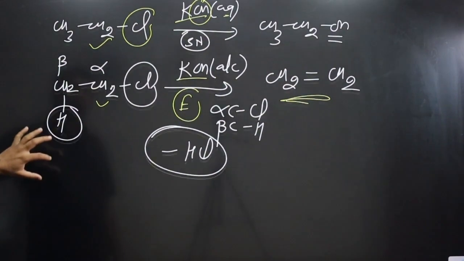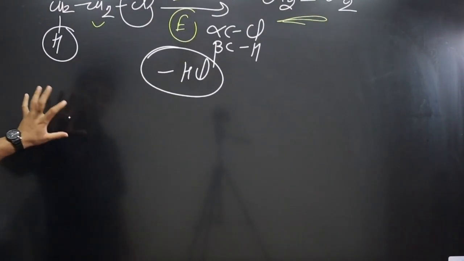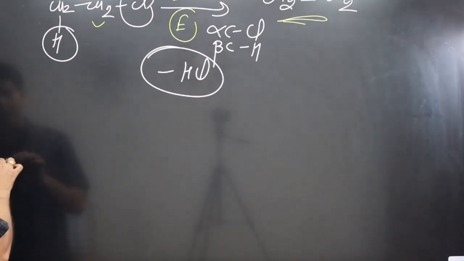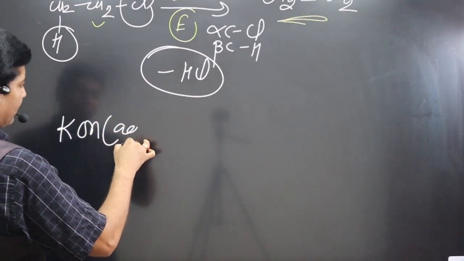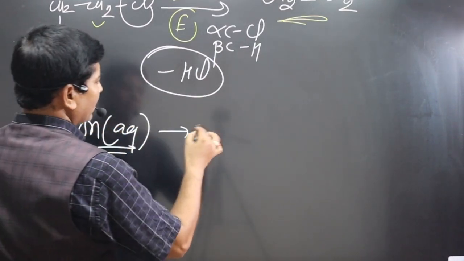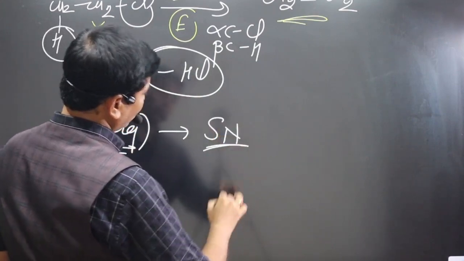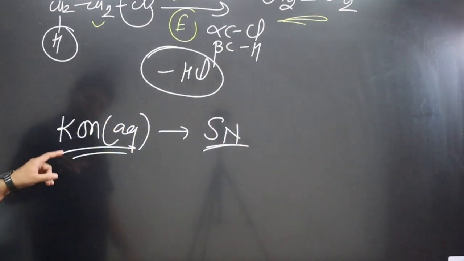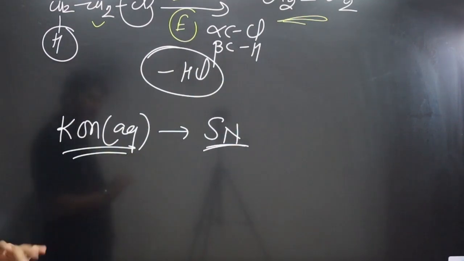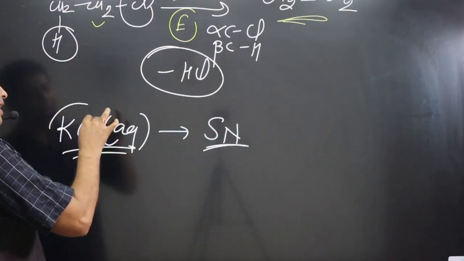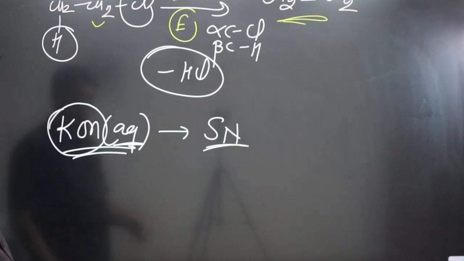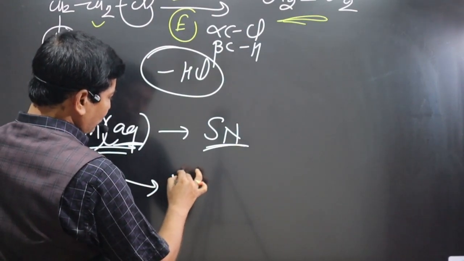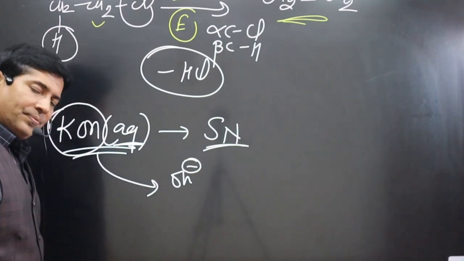So first I take aqueous KOH. In this example we learn that aqueous KOH causes substitution reaction, nucleophilic substitution reaction. KOH is a strong base, we know it very well, and when KOH is added to water, it will dissociate into ions very easily and produce OH minus ion.